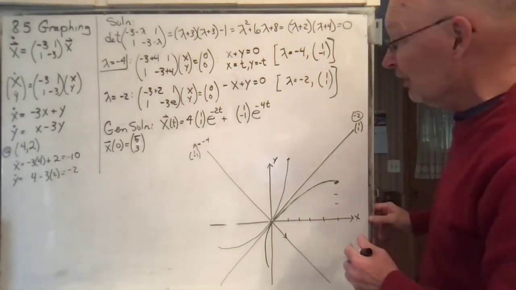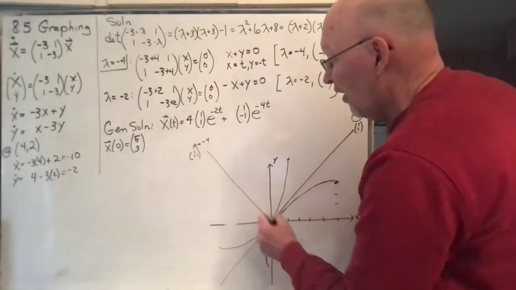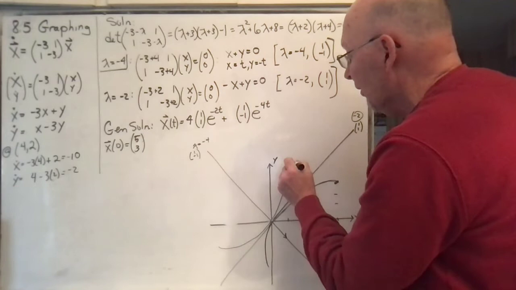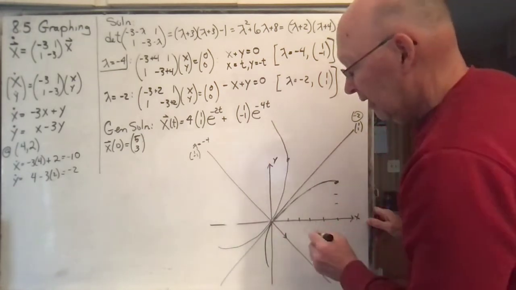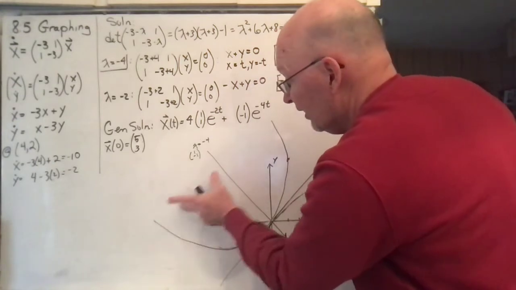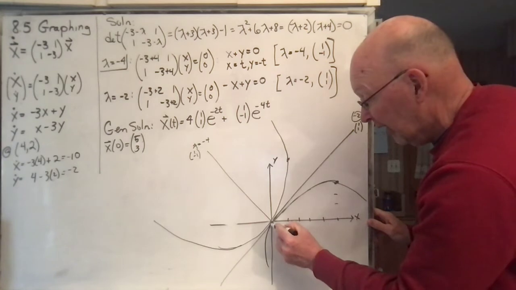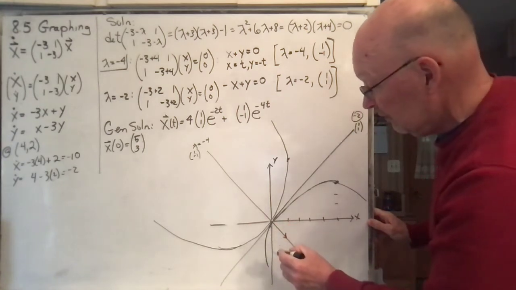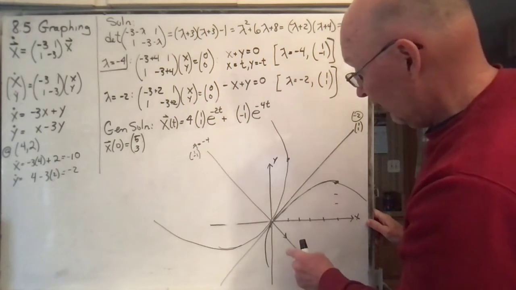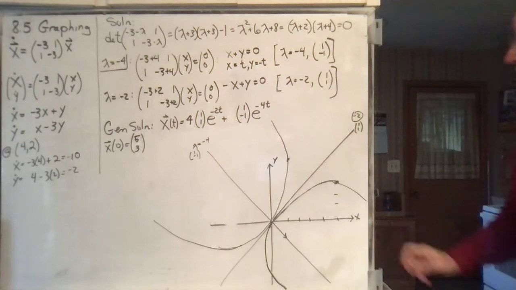So the trajectory is going to go off more parallel to this. It doesn't mean it soaks right up next to it, but it becomes parallel to it. Same thing here, that's going to become parallel, and so will this one. So it's going to look something like that.